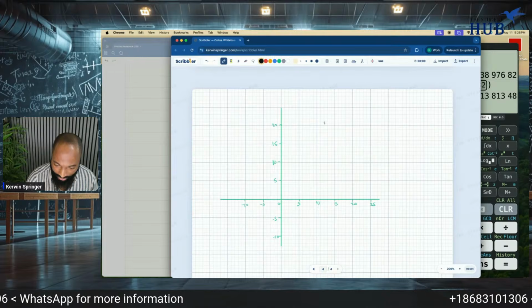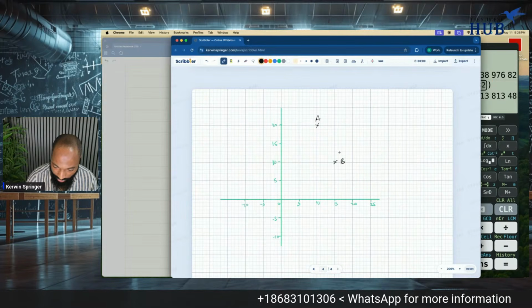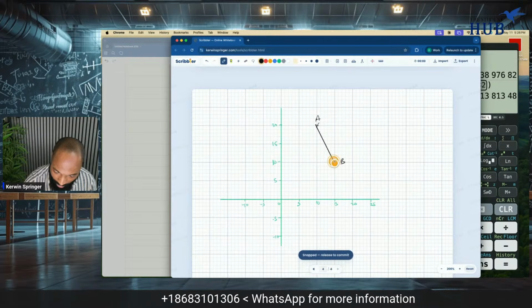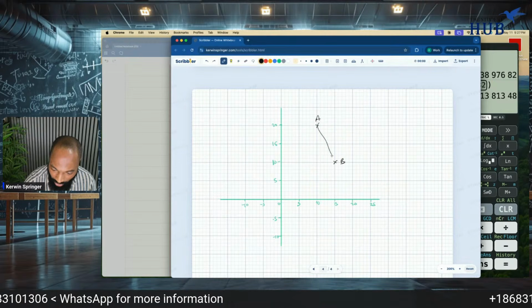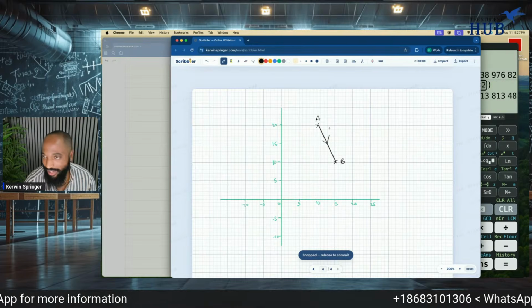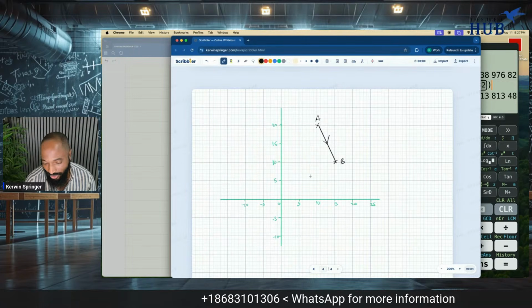So let's say I have this here, and this is A, and this is B down here, AB. Tell me what the vector AB is. Looking at these squares, earlier I was saying 2, 5 and all kinds of things, but I'm supposed to be counting in 5s. I have 5s here.